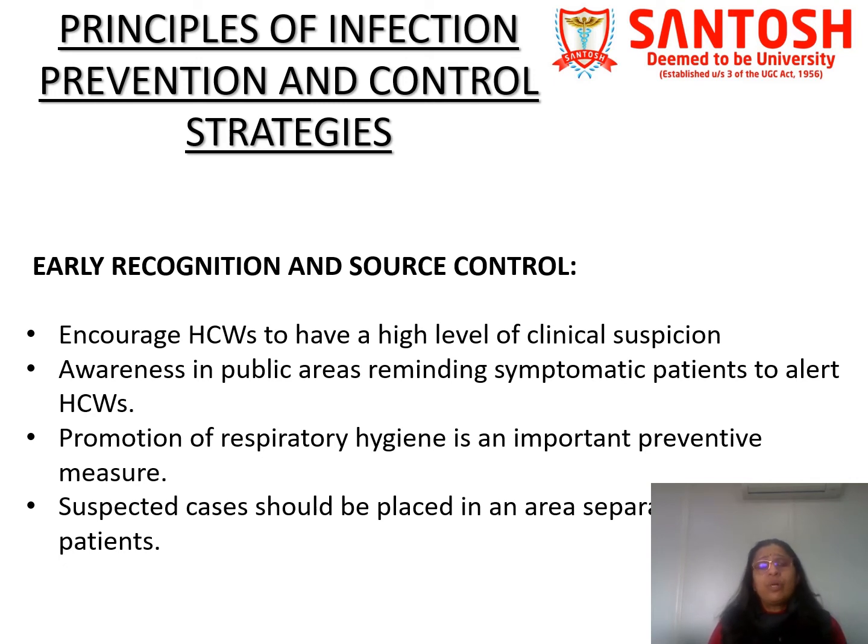The first one was early recognition of the case and source control. So all the healthcare workers were encouraged to have a high level of clinical suspicion. If anybody presented with the signs and symptoms of respiratory infections, the upper respiratory infections, then he should be treated with a very high level of suspicion and should be treated as a case of coronavirus.